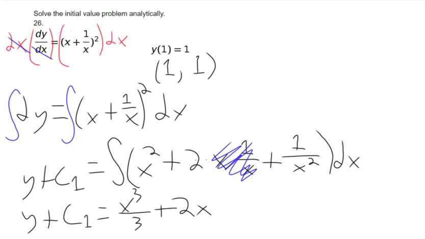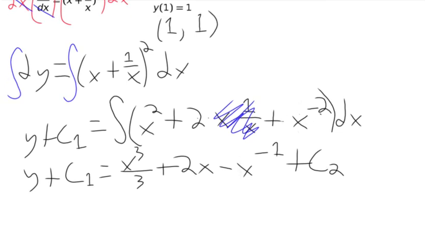And the 1 over x squared right here, I'm going to rewrite as x to the negative 2 power. So this is going to be x to the negative 2. I'm going to add 1 to the power, so we'll get x to the negative 1 power, then divide by the new power. Dividing by negative 1 is the same as multiplying by negative 1, so I'll just put down a negative in the front. And then here I have to add another constant.